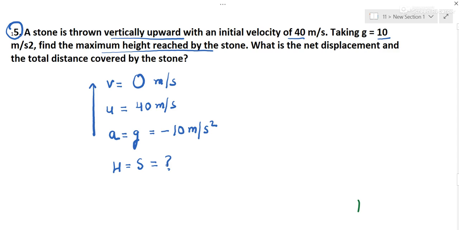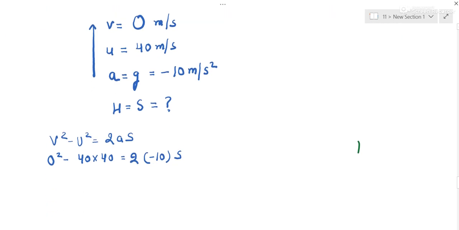It is simple. We will use the third equation. V square minus u square is equal to 2as. V square is 0 square. U square is 40 square, that is 40 into 40. This is 2. This is minus 10. This is s or h.